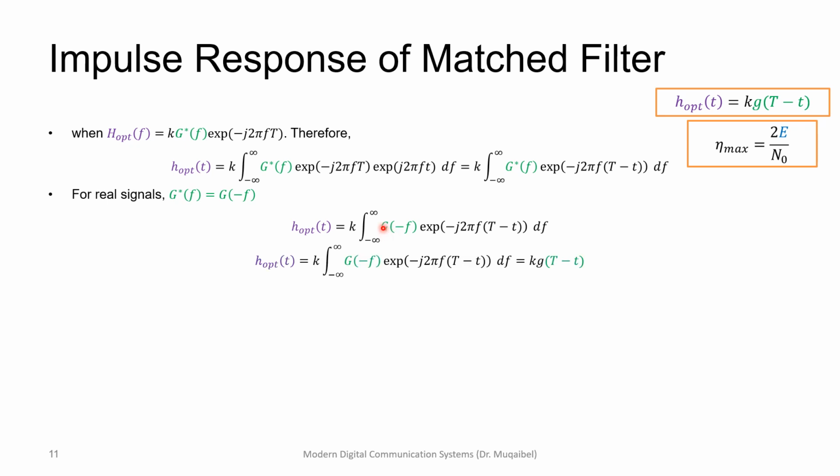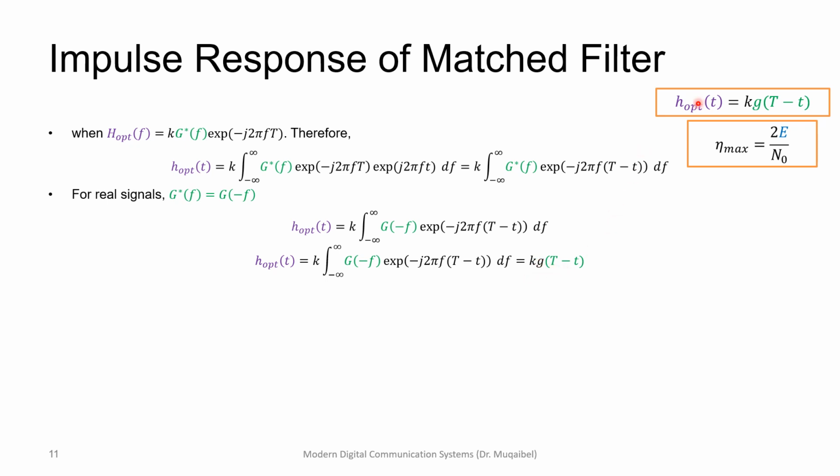If you now apply the inverse Fourier transform and change variable, this is nothing but g of t in time, and this exponential results in a time shift and scaling factor of k. So the impulse response of the optimal filter will have a response that's equal to the signal itself, or the waveform, or the pulse shape, inverted and shifted and scaled.